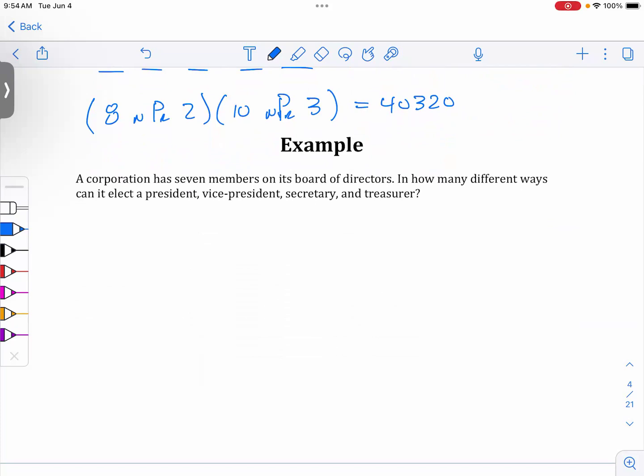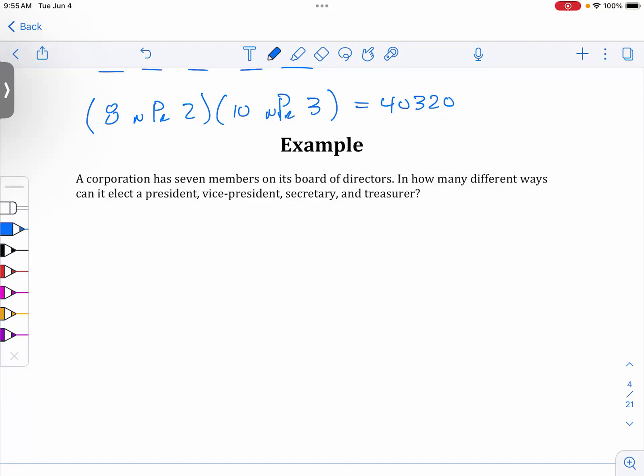A corporation has 7 members on its board of directors, and how many different ways can it elect a president, vice president, secretary, treasurer? So this one actually changed slightly. It didn't straight out say that there were no repeats, but we are going to assume that the president and the vice president cannot be the same person, which means no repeats.